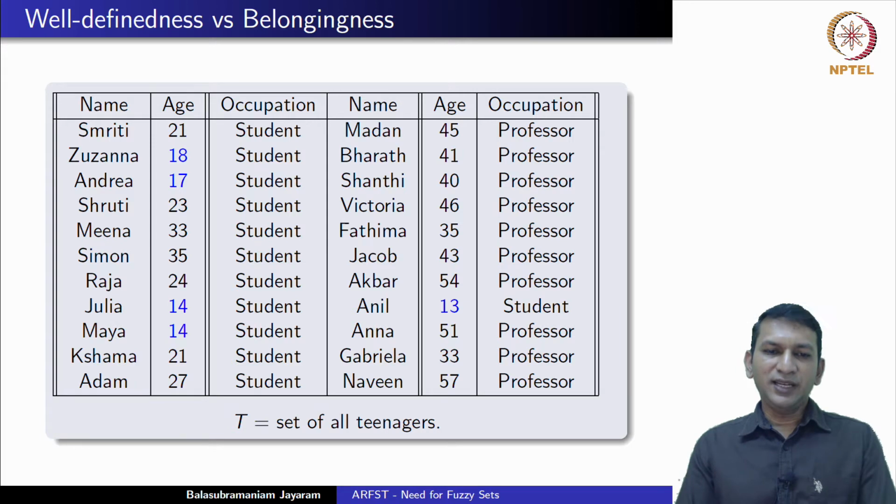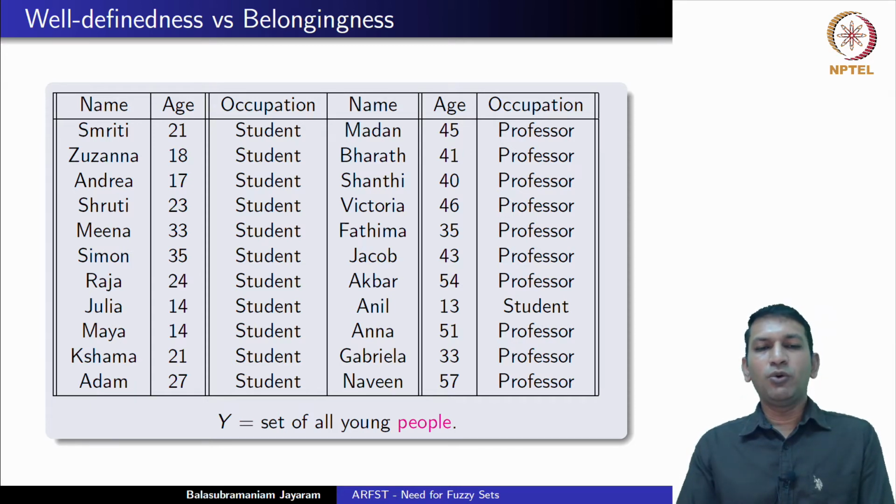Now we'll slightly change the question and ask, instead of picking the set of all teenagers, let us ask ourselves to pick the set of all young people. Now, who is young?